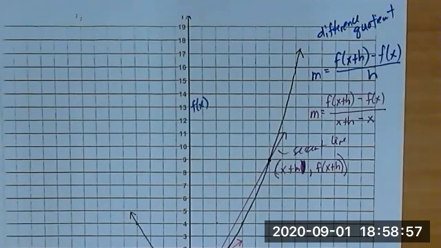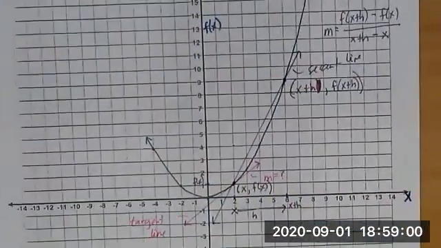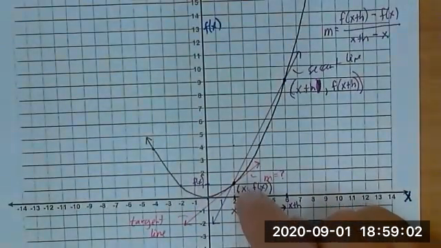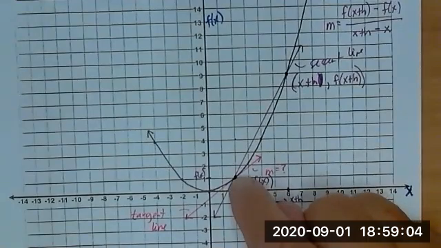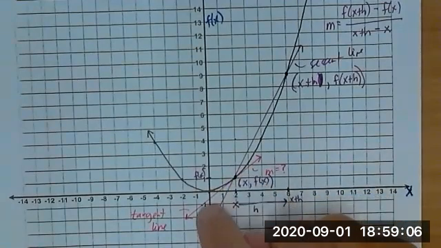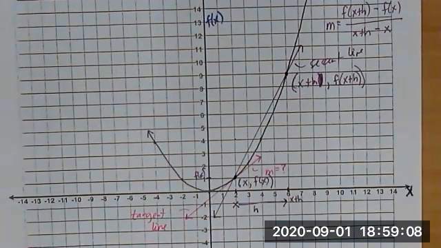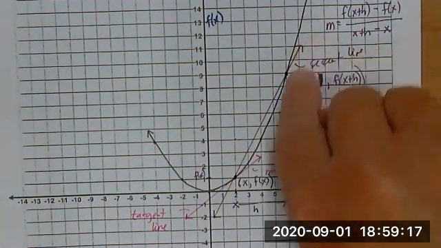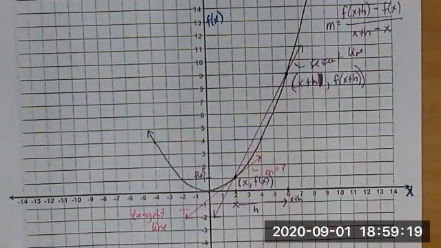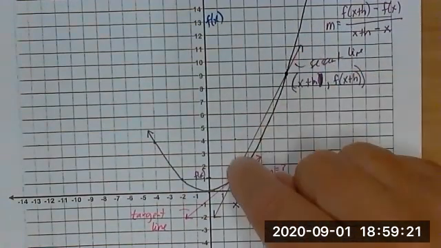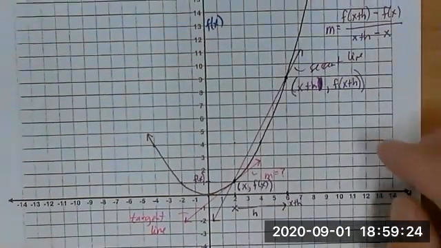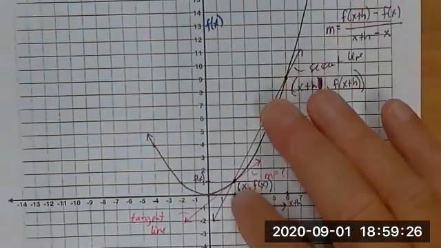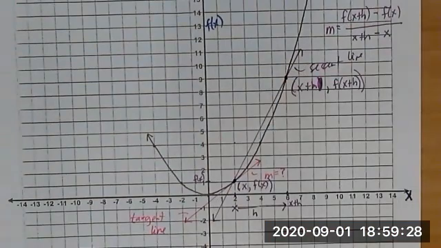So let's take a step back. What have we done? We took this graph. Our initial goal way back then was to find the slope of the curve at this point, and I drew my tangent line. But the only way I can try to figure out the slope of the tangent line is maybe to pick 2 points on the curve and draw my secant line, and then find the slope of the secant line and just hope that it is pretty close to the slope of the tangent line.